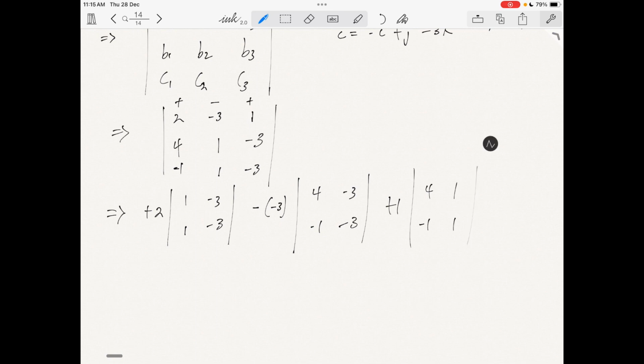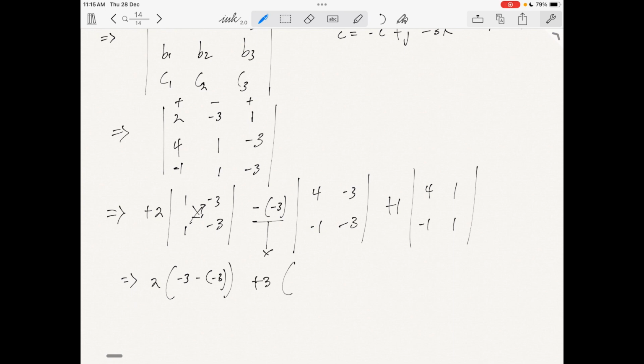That will give me 2 leading diagonal minus 3 subtracting from the following diagonal minus minus 3, and minus multiplied by minus 3 gives us plus 3.